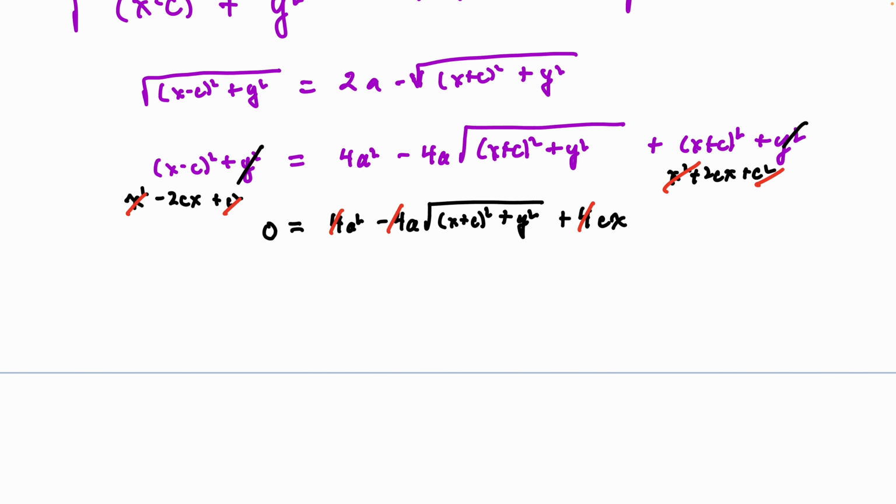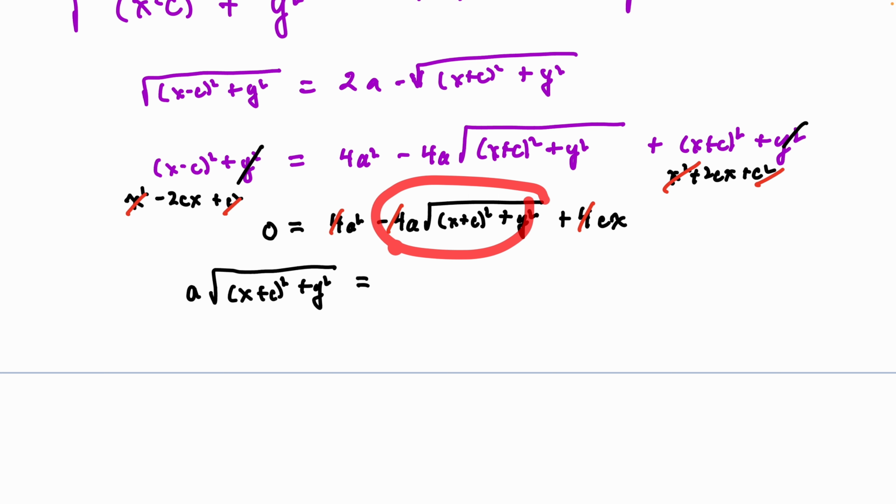Next, let's see. Let's do the same thing. Let's concentrate on that term there with the radical. So let's add it to the other side. So I've moved this term to the other side.